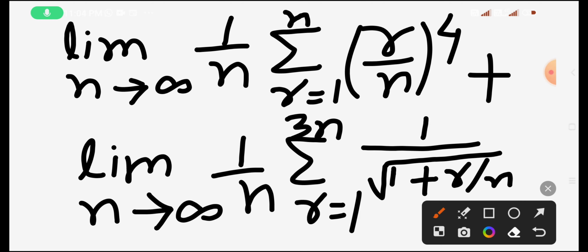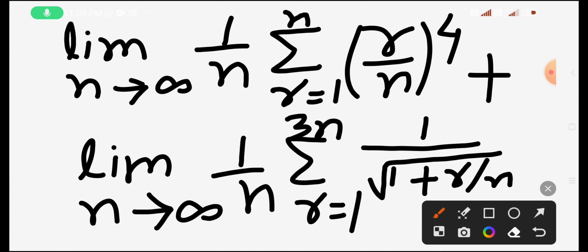In integration we use dx if the variable is x, and dy if the variable is y. Here for 1 by n we write dx, and for the summation we use the integration sign, and the lower limit will be 0 and the upper limit will be 1.